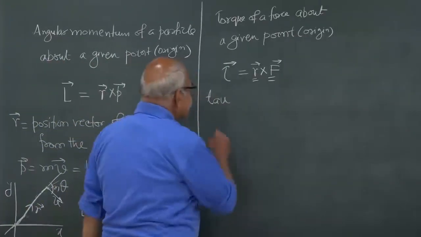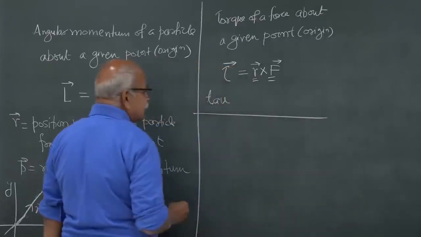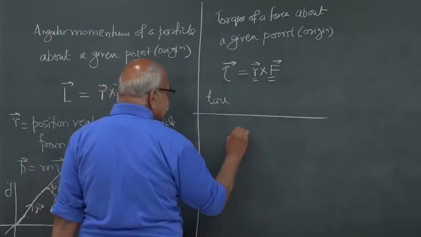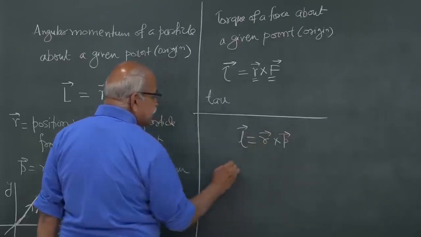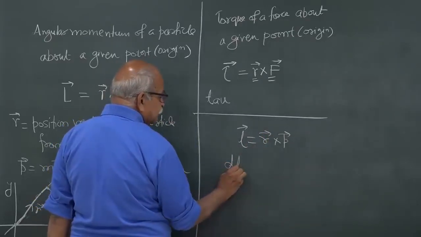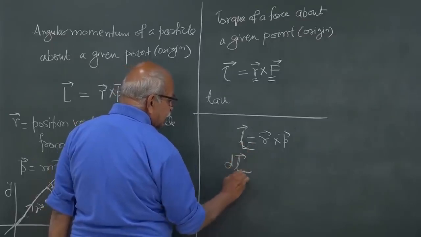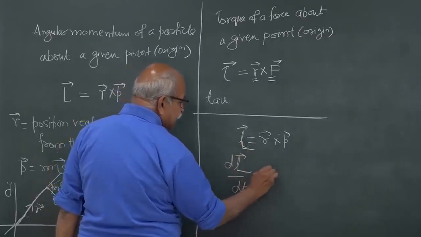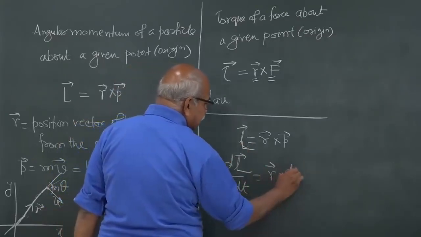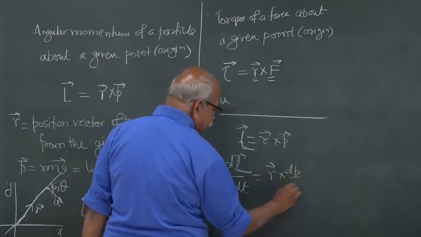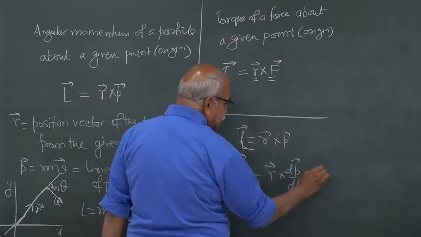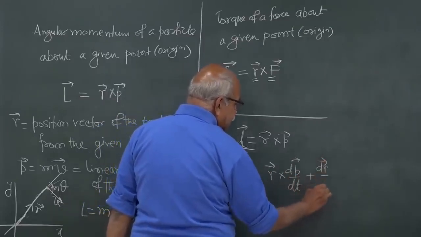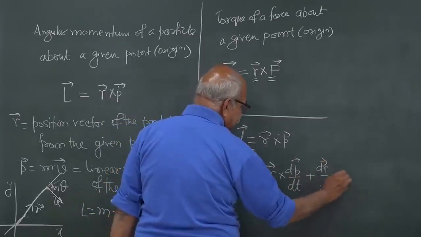And very interestingly, if you use L equal to r cross p and differentiate with respect to time, dL/dt will be r cross dp/dt plus dr/dt cross p.